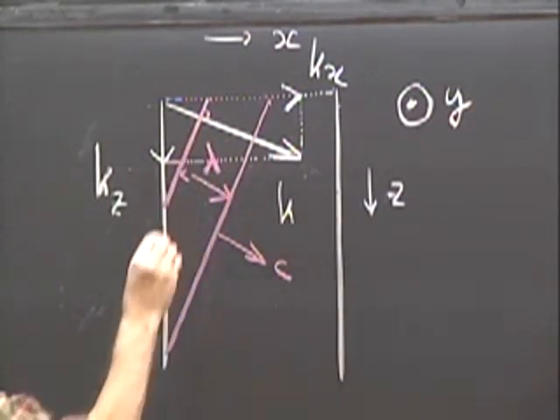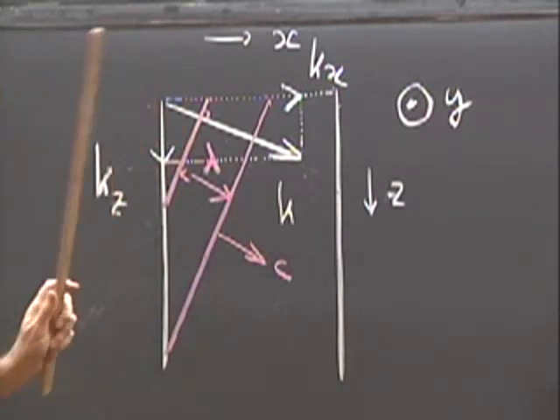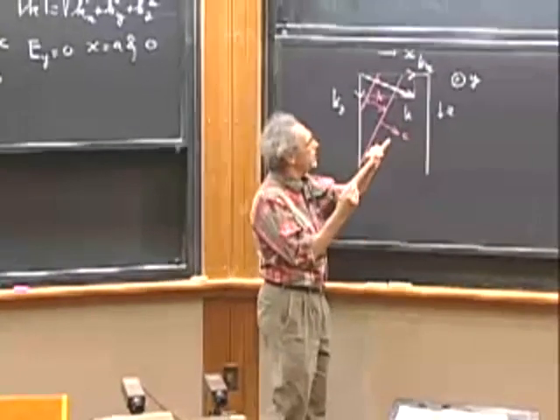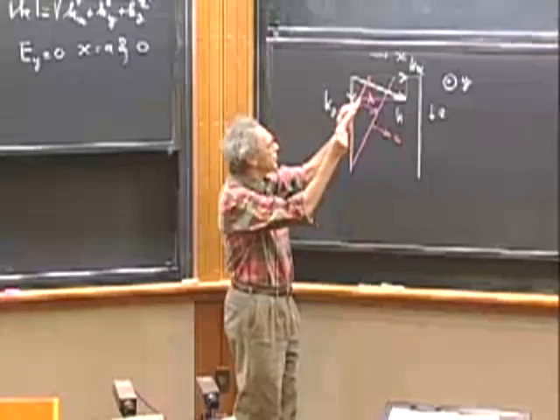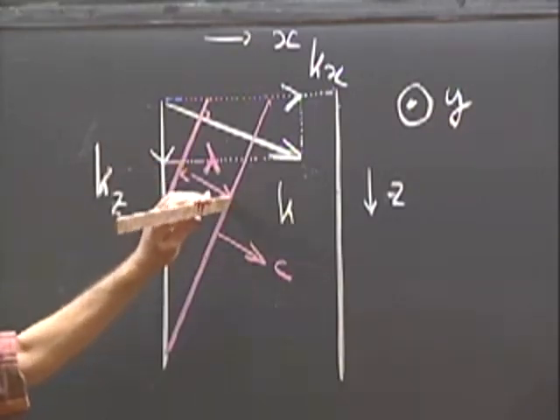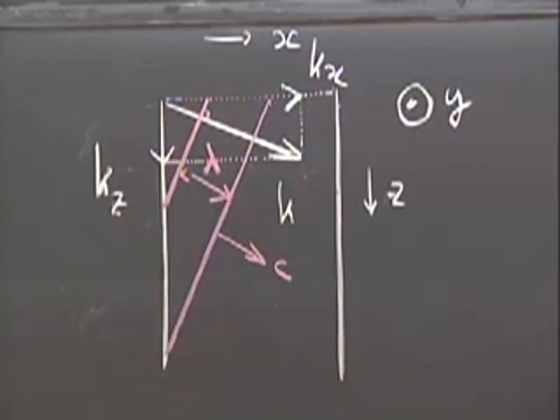That is my definition of lambda. Think of this surface, which is a surface perpendicular to the blackboard, as having a constant phase of the wave. It means then, for instance, that the E vector is pointing in your direction and has reached a maximum. It would also have reached a maximum here then. So we go through one complete cycle, 2 pi radians, from here to here. That's the definition of wavelength.